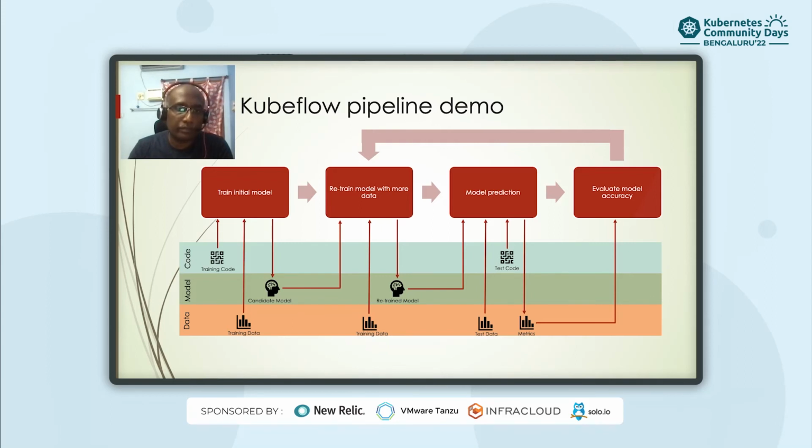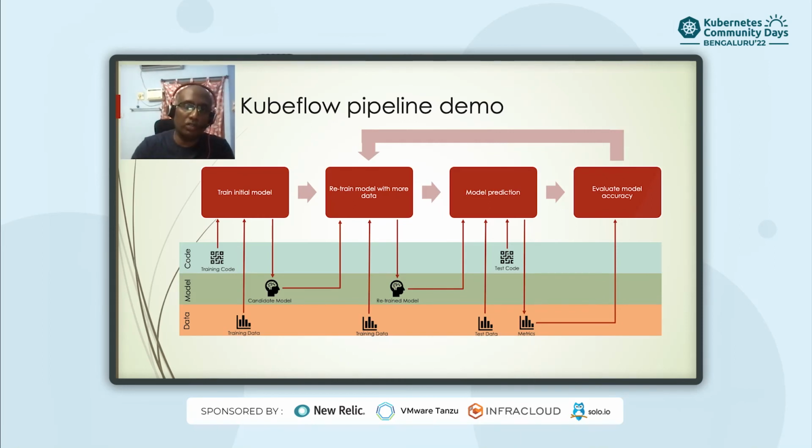Then we will submit test data to this model, look at the output produced by the model, and analyze whether the output is as per our expectations. That's what we do in evaluate model accuracy. And if it is not as per our expectation, we once again retrain the model.